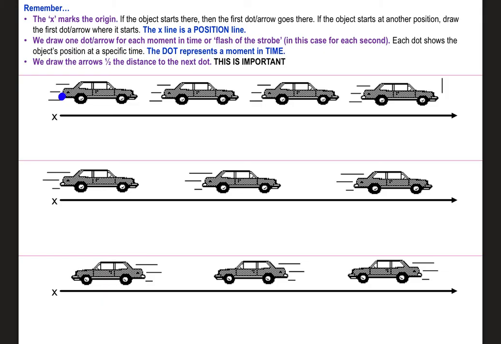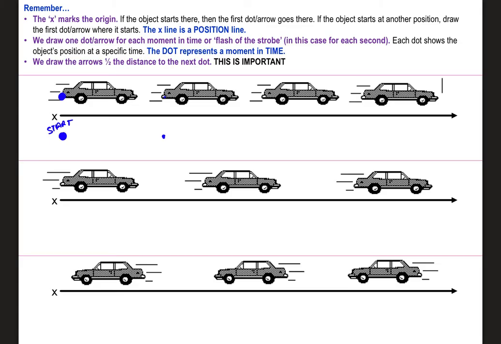So at the first moment in time, my car is going to be right here. And I'm going to make sure to write start so that I know where I'm starting. Then I'm going to draw the next dot. So at the next moment in time, there's the bumper of my car.